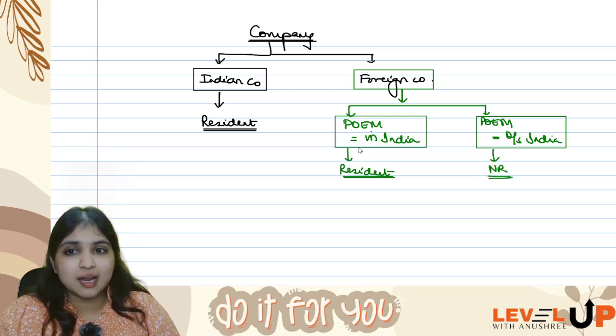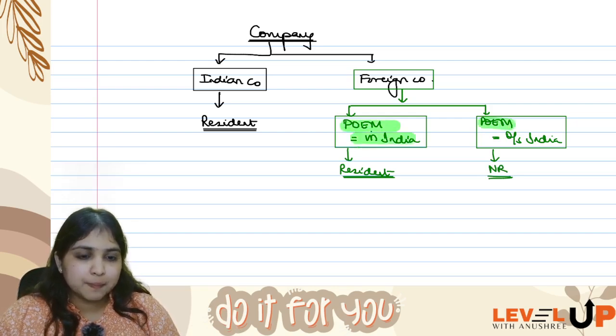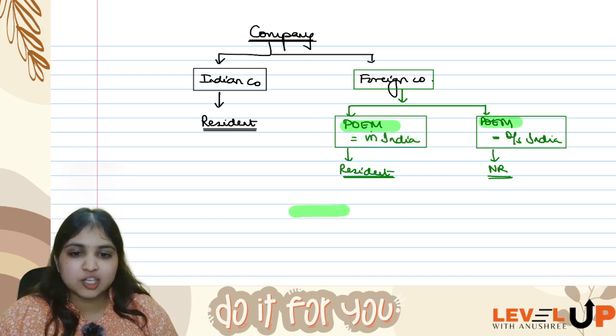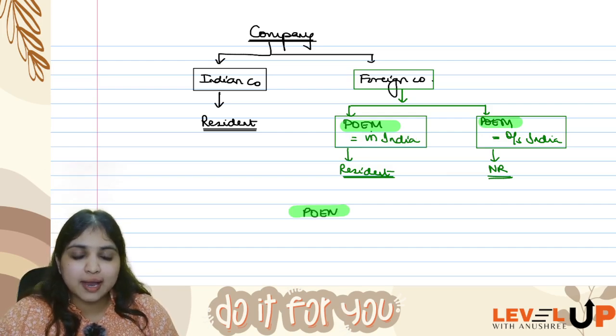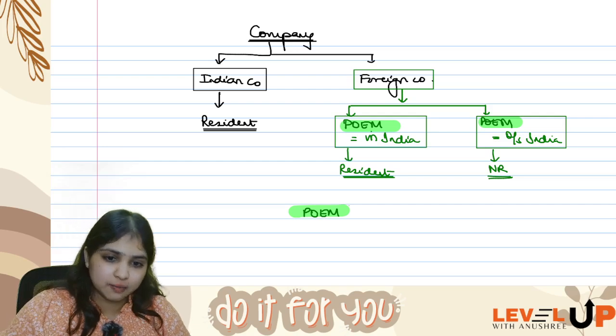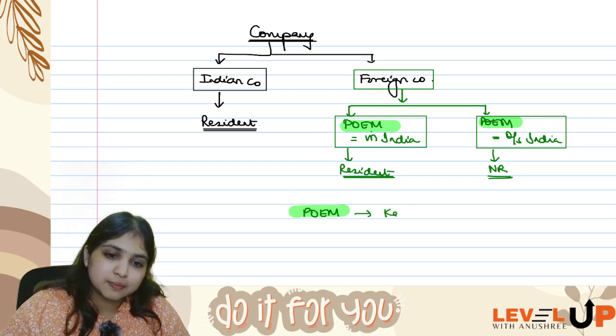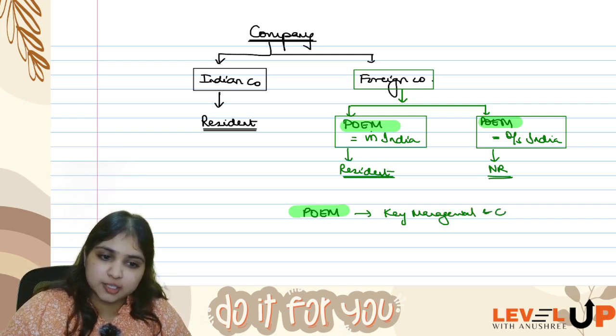So a question arises: what exactly do we mean by place of effective management? Place of effective management is nothing but the place where key managerial and commercial decisions are taken.